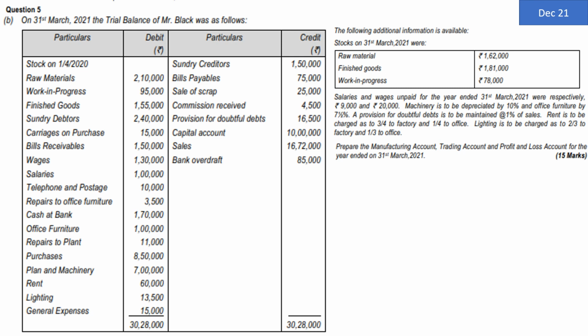On the credit side, you have sundry creditors, bills payable, sale of scrap, commission received, provision for doubtful debts, capital account, sales, and bank overdraft.